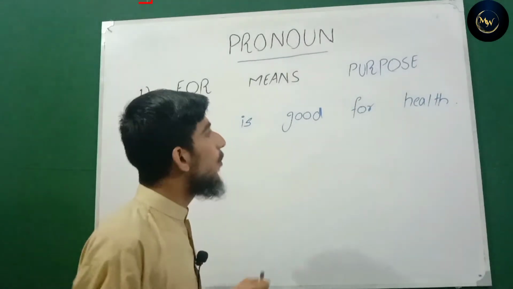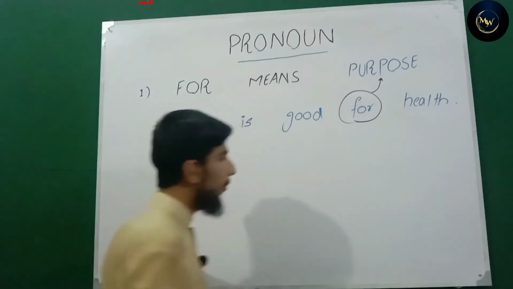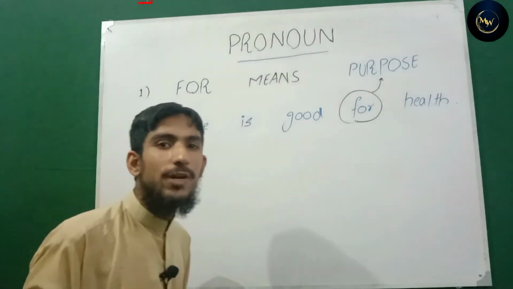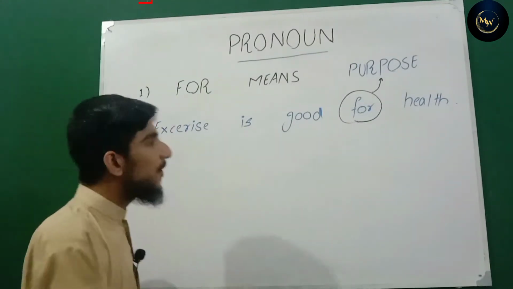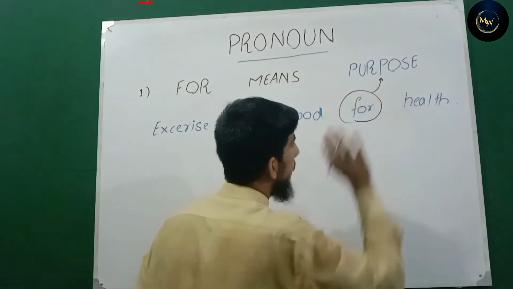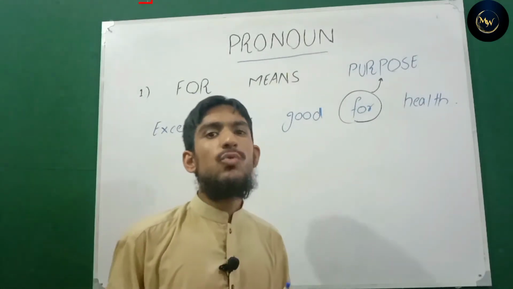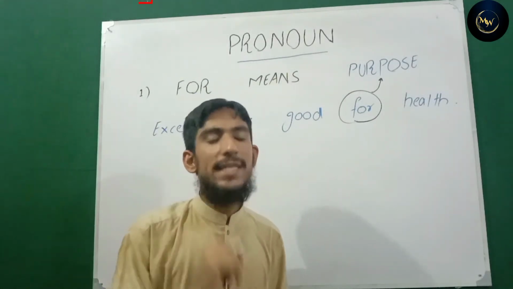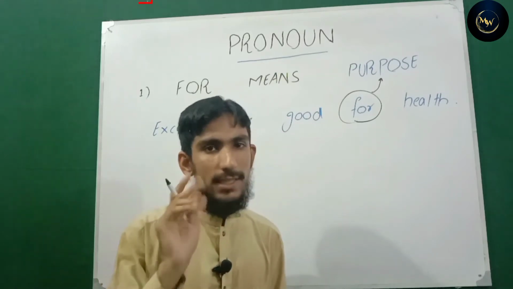In this sentence, for basically shows us purpose. So the first meaning of for is purpose. For example, exercise is good for health. In this sentence, for shows us purpose. I am giving another short example: student, you must study for your examination. In this sentence also, for shows purpose.